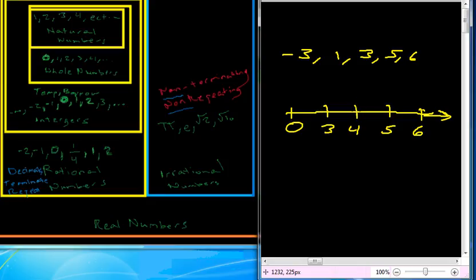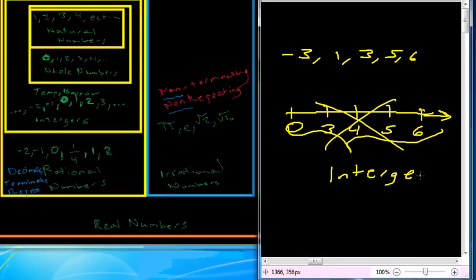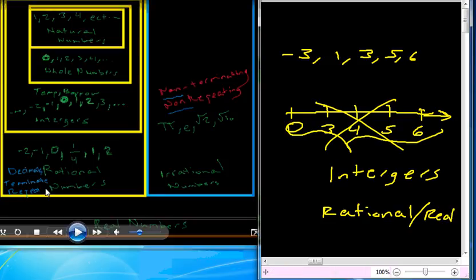Guys, is there an integer between 4 and 5? No, because integers don't deal with decimals. So it does not work with integers. It only works with rational and real numbers. And these are our rational numbers that deal with fractions. These are our real numbers right here. That's the point.